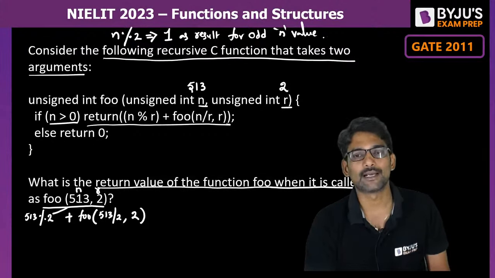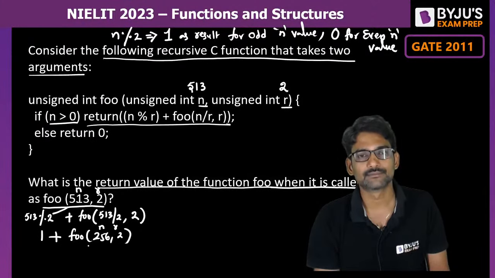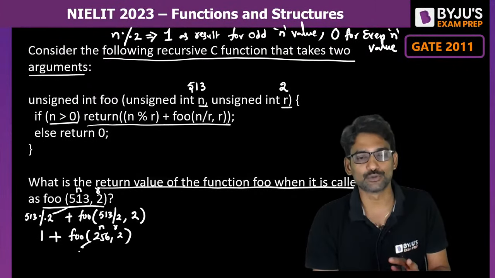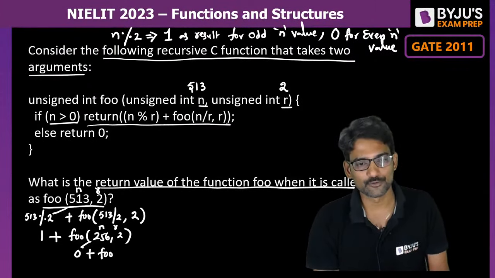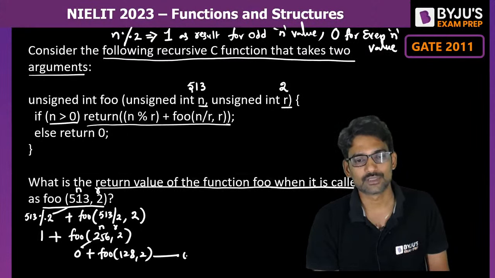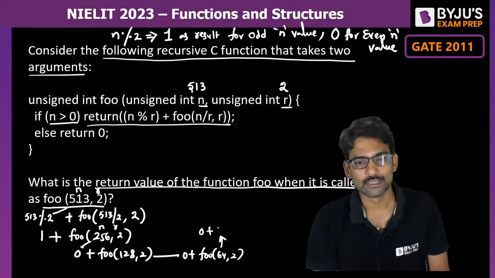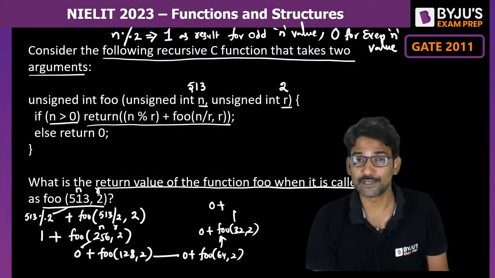So, recursively calling. Now, what is foo of 256 comma 2? n mod 2 is 0 plus foo of 128 comma 2. What would be 128 comma 2? 0 plus foo of 64 comma 2. Foo of 64 comma 2, 0 plus foo of 32 comma 2. 32 is an even number, so 16 comma 2.